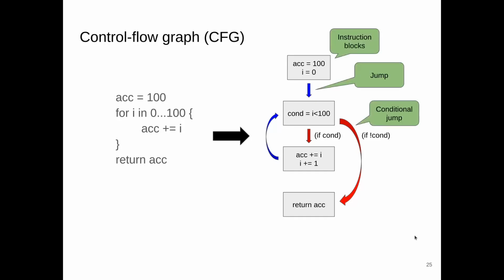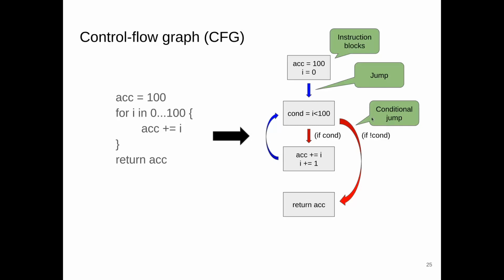In this representation, these rectangles are usually called blocks, instruction blocks, or basic blocks. So let's say it is just a block. And there's an edge between the blocks. For example, after executing this block, you jump to this block. We are going to say this is a jump. Others say these are branches or continuations, but we are going to just say jump.